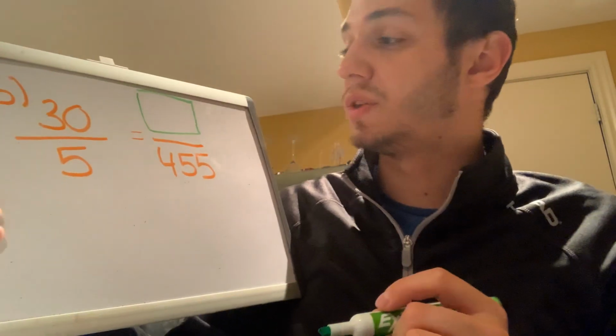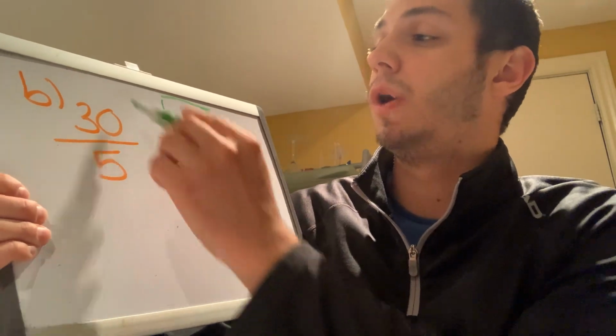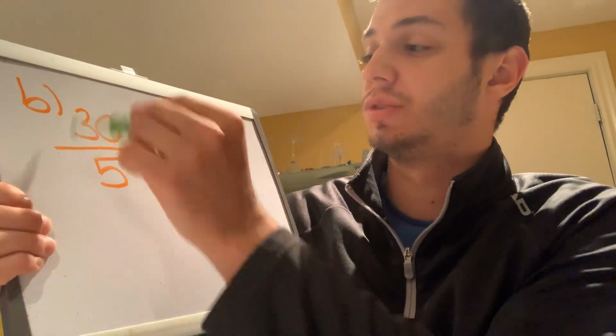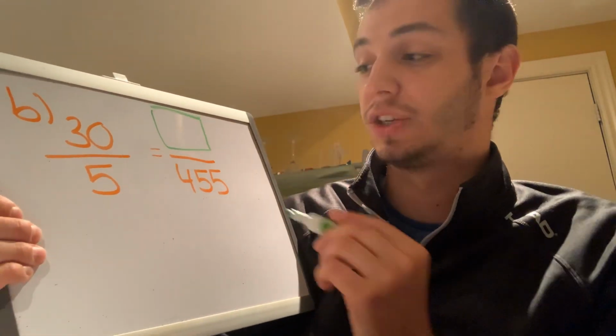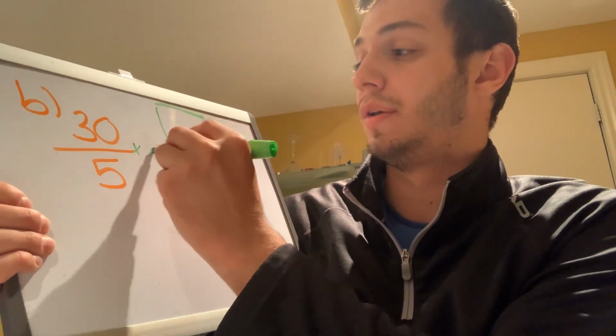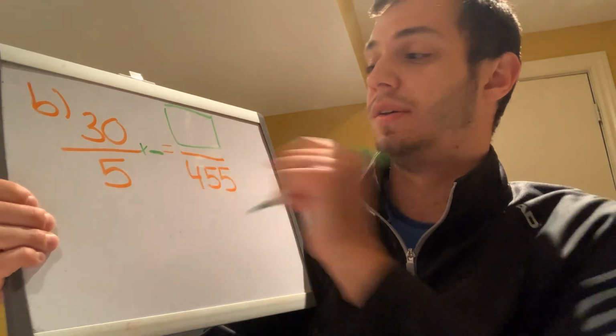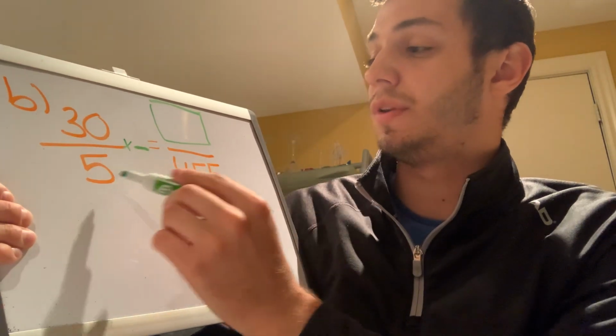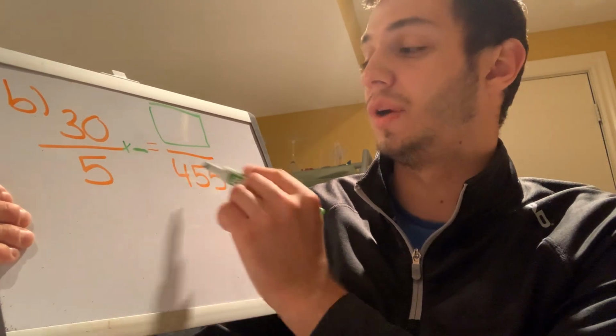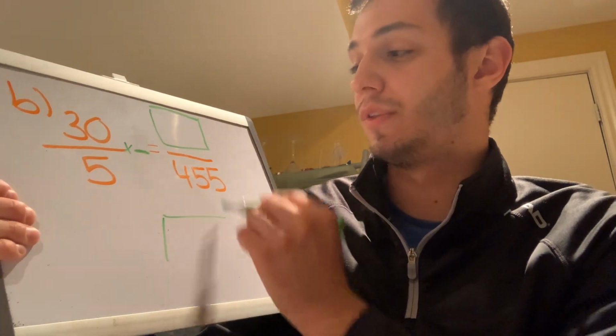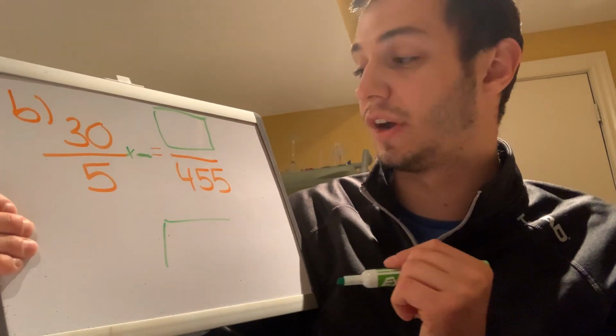But before we can solve, we have to figure out what we have to multiply this fraction by to get this fraction. So I'm going to put my multiplication sign and then my division sign. Right, so in the bottom, we have two numbers, so that means we can solve for the missing bottom number in our equivalent fraction.